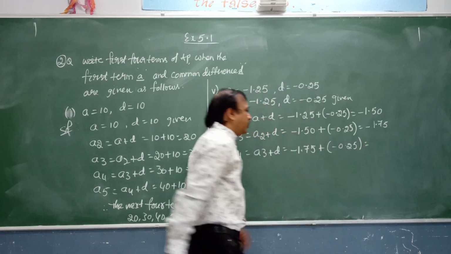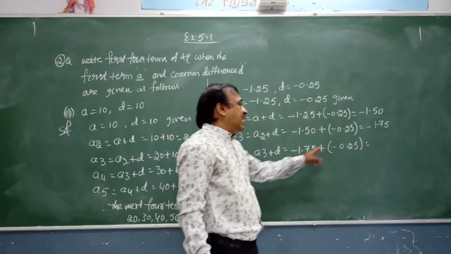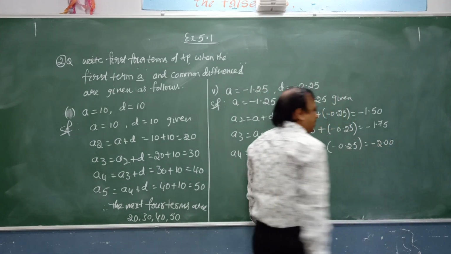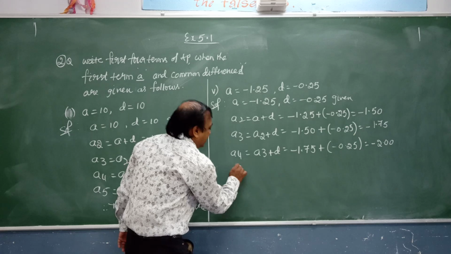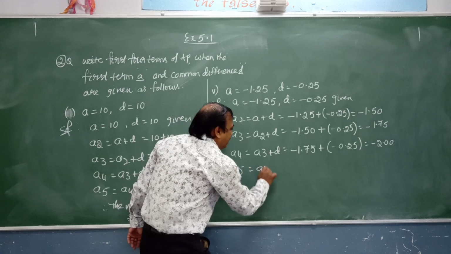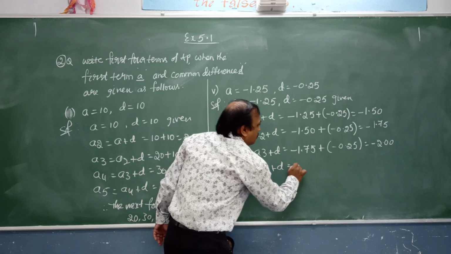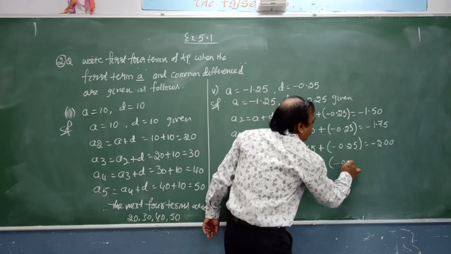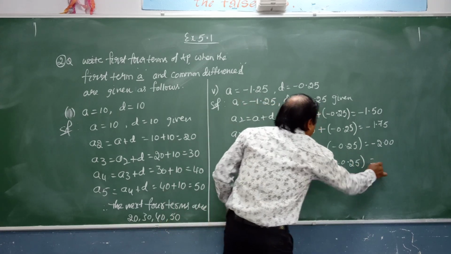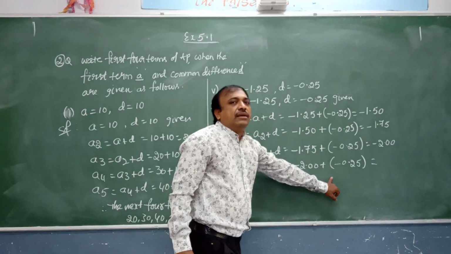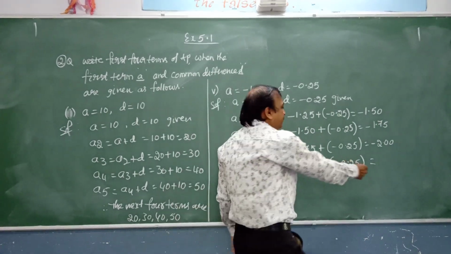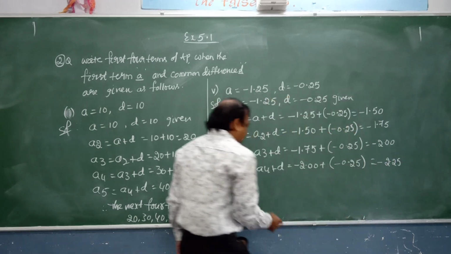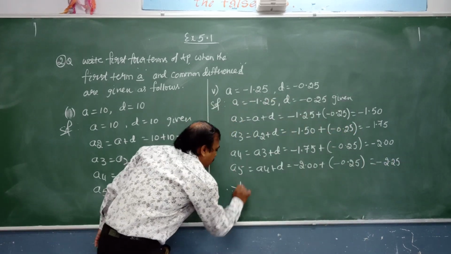Both are negative integers, we are adding them, so minus 2.00. Next, A5 is equal to A4 plus D, so minus 2.00 plus minus 0.25. Adding the negative integers, add and put the same sign, so minus 2.25.